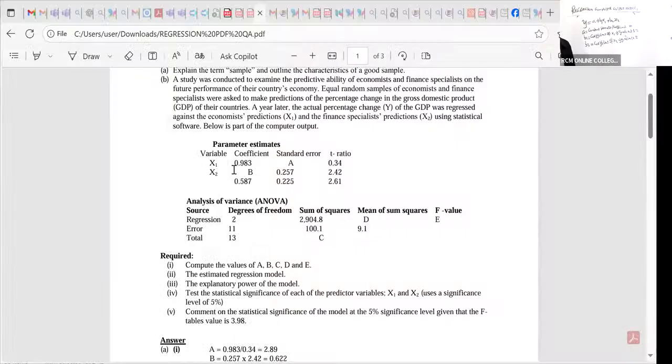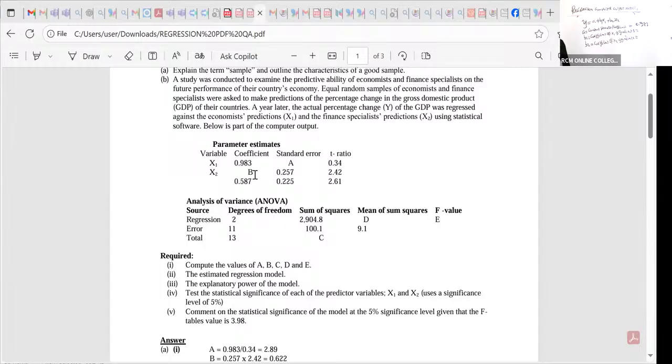So you can see here under the coefficients, under the parameters, ladies and gentlemen, remember we corrected this. The constant coefficient is 0.983. We corrected that if you remember the table that we did. And then the coefficient of x1, which is b there, we were able to compute.